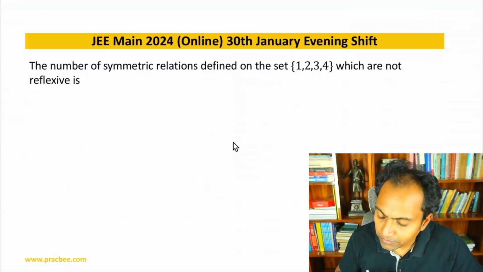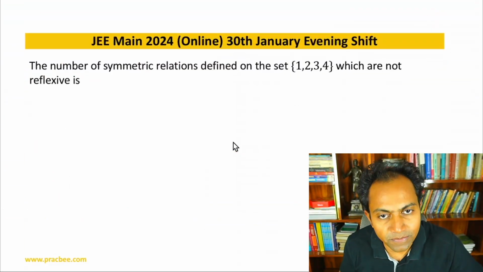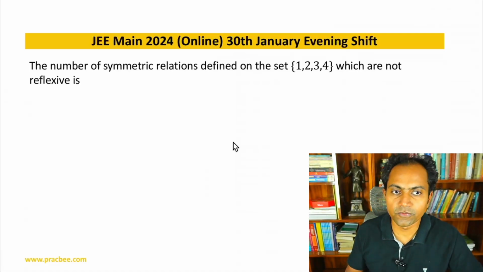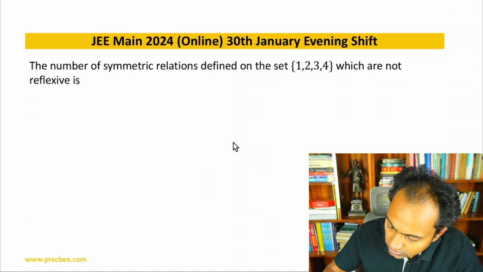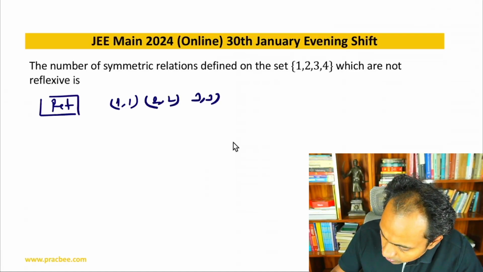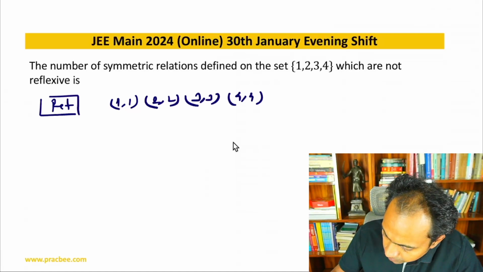Now this type 7 problem type is based on counting or P&C and relations. Now this question came in 2024 that says the number of symmetric relations on the set {1, 2, 3, 4} which are non-reflexive. So see, if I want to make it reflexive, in that scenario what I will want is all of these elements (1,1), (2,2), (3,3), (4,4).